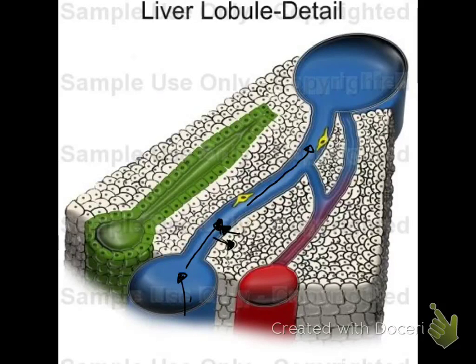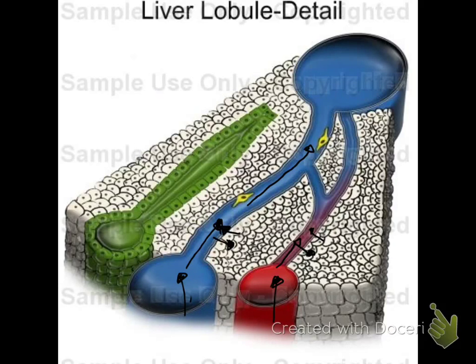The same thing is about the hepatic artery. The hepatic artery comes to the liver carrying oxygenated blood, and as it passes here, it will exchange this oxygen with the hepatocytes, and it will take CO2.